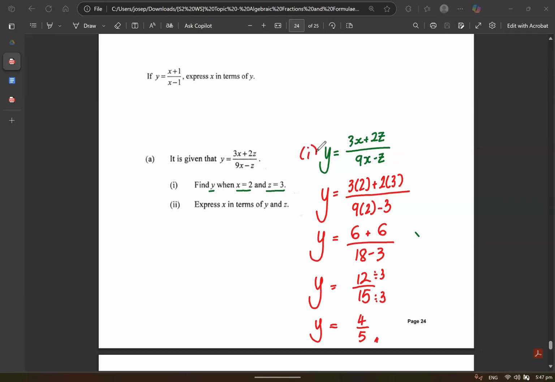Then of course we go for part II. The question says express x in terms of the other variables, so x has to be on the left-hand side. In fact, x is the one I want to isolate. More importantly, write out the expression first, and then remove things one by one. But I can't exactly remove the x.